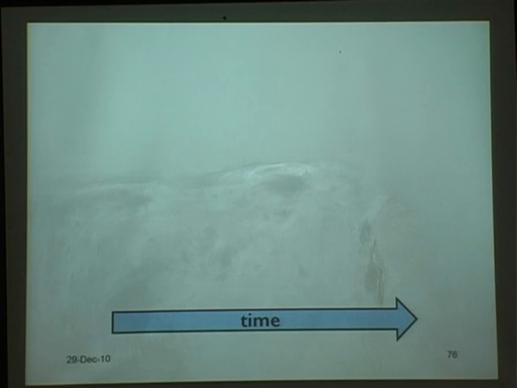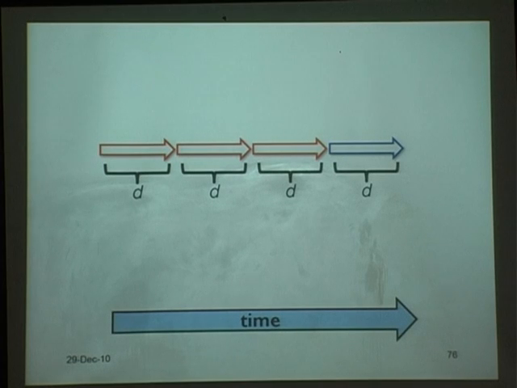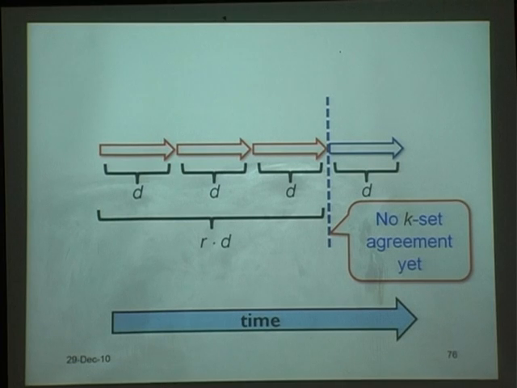This is how the adversary works. So we put these together, and we have a bunch of rounds, and then there's the final round, and each of these takes time d. So this part here we have R times d. Remember, R is the bound for doing set agreement. And so what we proved was you can't do set agreement after this amount of time.